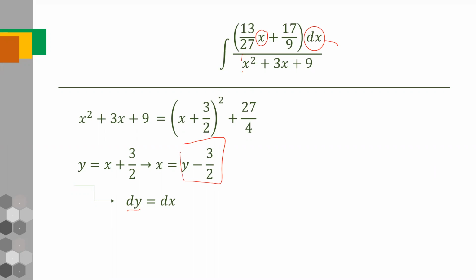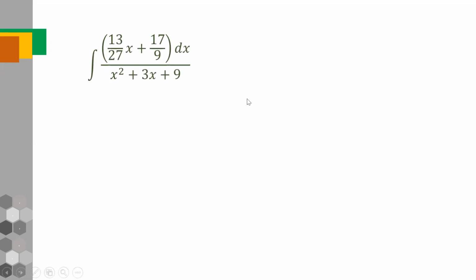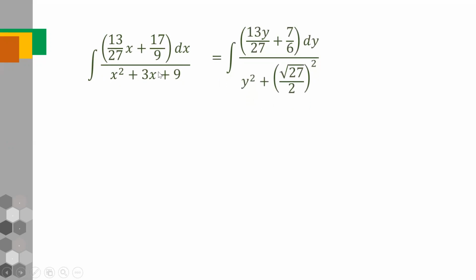And our denominator here will become y squared plus the quantity square root of 27 over 2 squared. So therefore, this integral can be expressed as the integral of 13 over 27 y plus 7 over 6 dy.